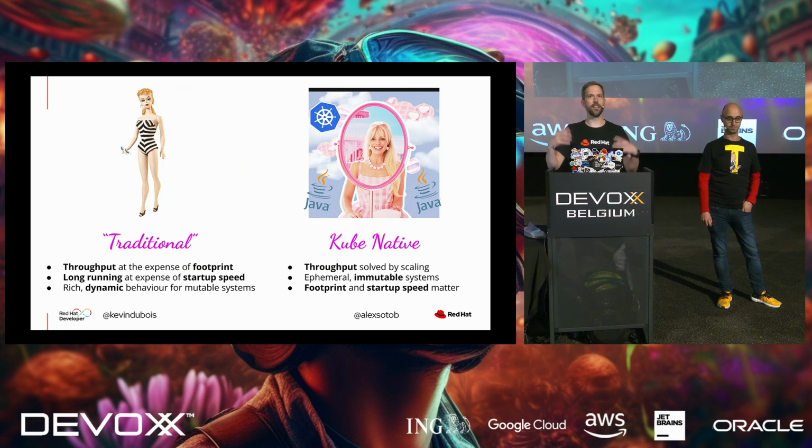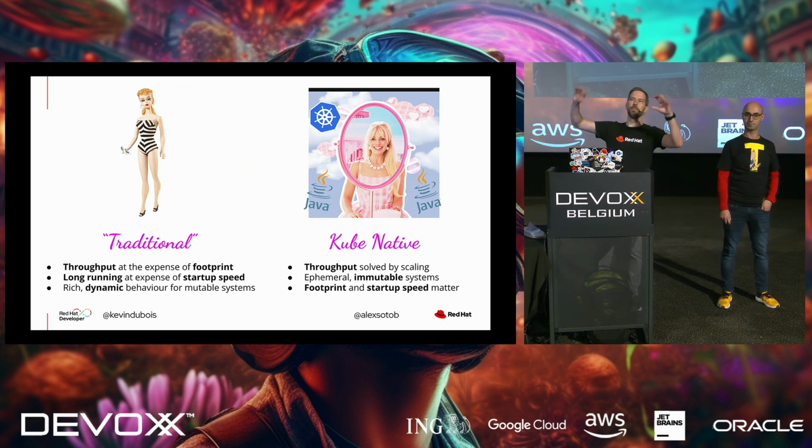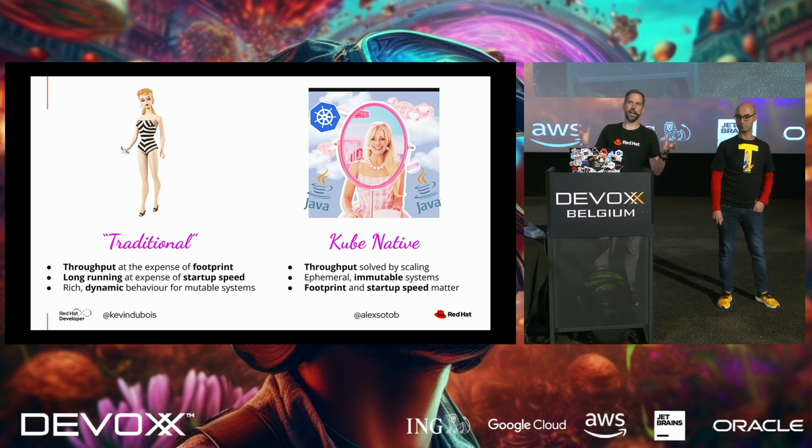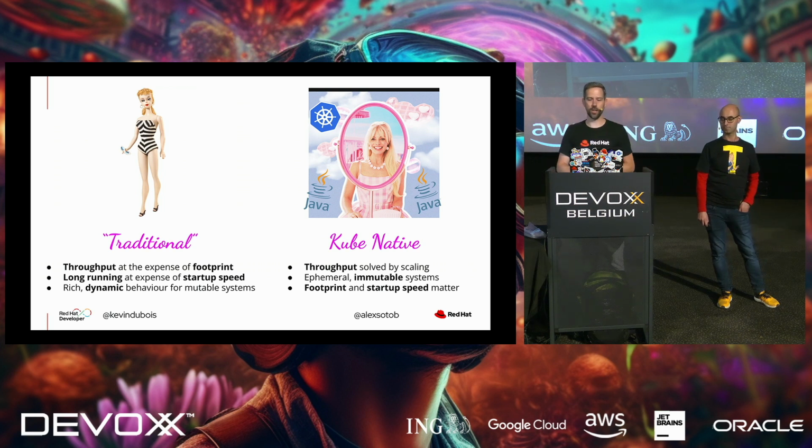With containers, the idea is that you solve throughput by scaling horizontally, by creating more instances and more pods when you need it, and then you scale back down so you can use your resources more efficiently. And so you need a different approach to running your applications. In addition, containers are supposed to be more or less immutable.